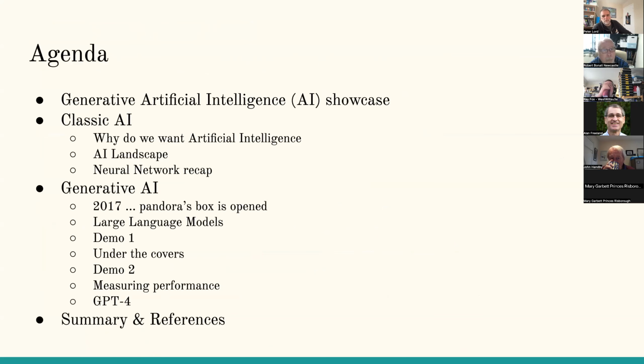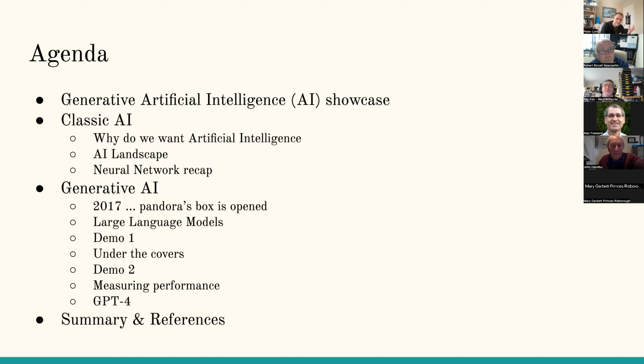So this is what I thought we would go through today. Kick off with a short set of examples of generative artificial intelligence, a showcase, if you like. This is so that we're all on the same page about what we're talking about. So that will look at what generative AI looks like to the casual user. Then we're going to roll back a bit and talk about how classic AI works. We've talked about this before in the bird and animal talk.